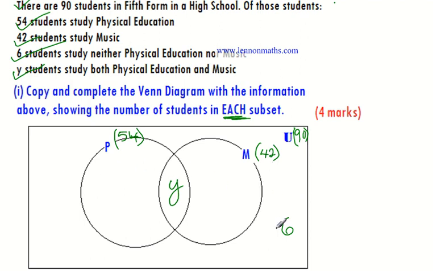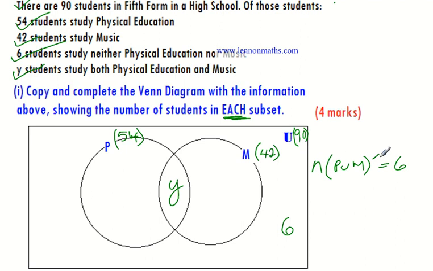So we have 6 students who are studying neither physical education nor music. That's a subset that is represented by this symbol here. We can actually write it. The number of students in P union M complement is equal to 6. All right, so this means the number of students outside, this symbol here represents complement.